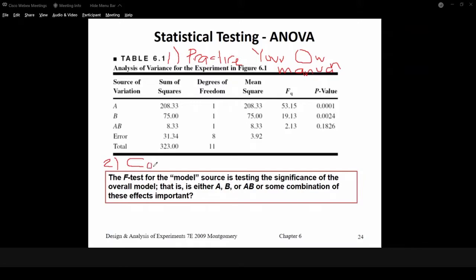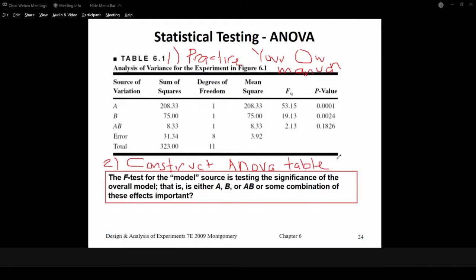Second, construct the ANOVA table using Minitab.